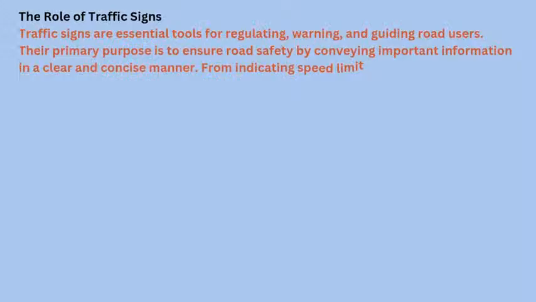From indicating speed limits to warning about hazards, traffic signs create a predictable and orderly flow of vehicles and pedestrians. Without these visual cues, navigating the roads would become chaotic and dangerous, increasing the likelihood of accidents and confusion.